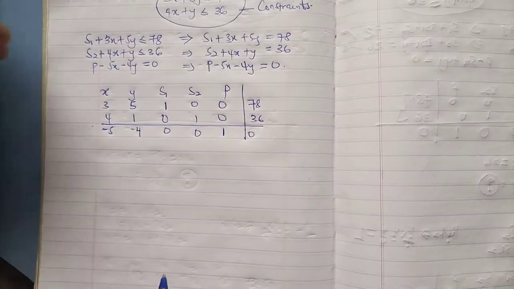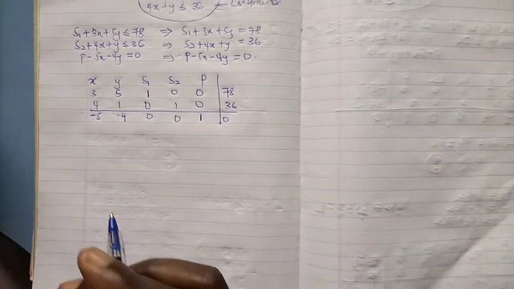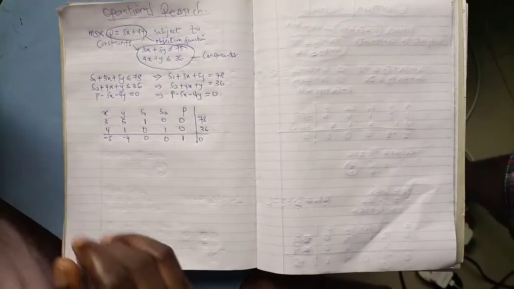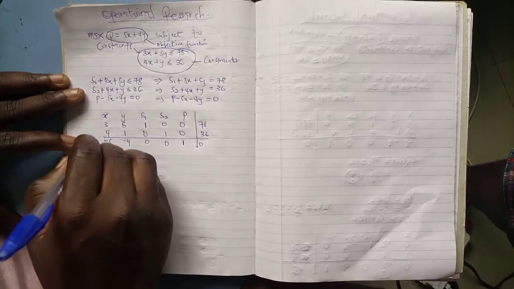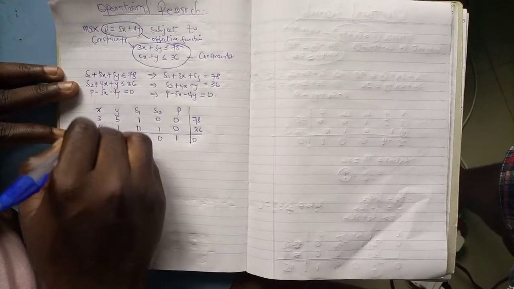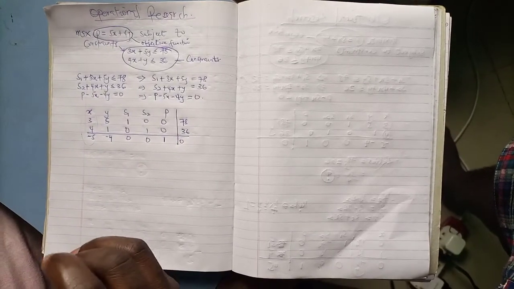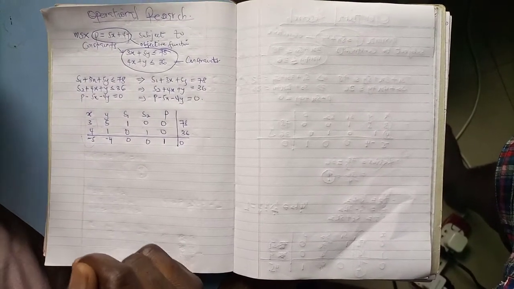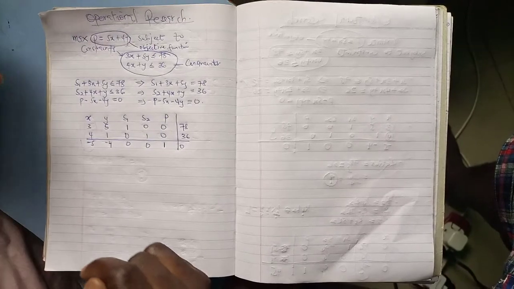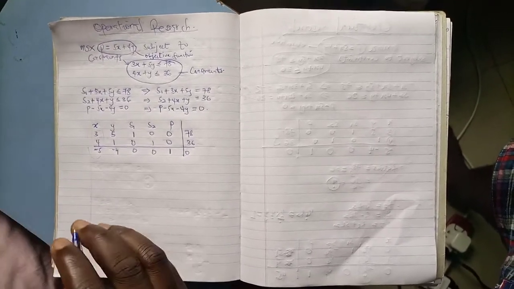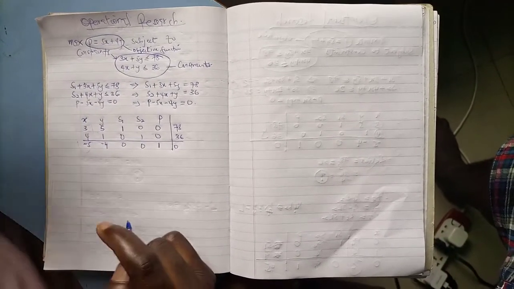Okay, there is a problem here that students face a lot. Most people think that you can only find your pivot element in this column, which is very wrong. What you actually do to locate where you are going to find your pivot element is first look at the highest negative value you have for the coefficient of the objective function.